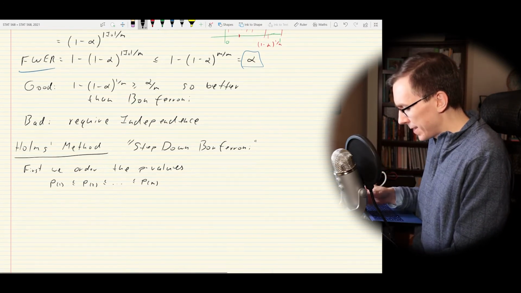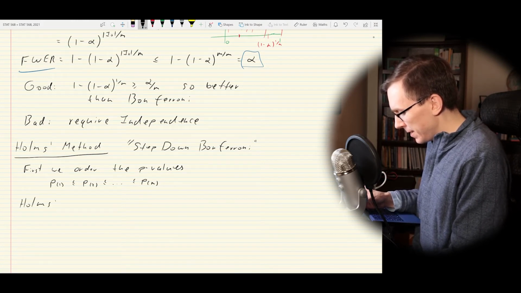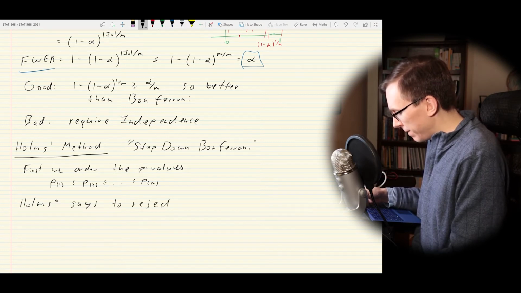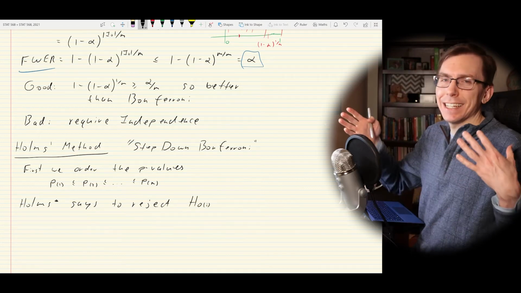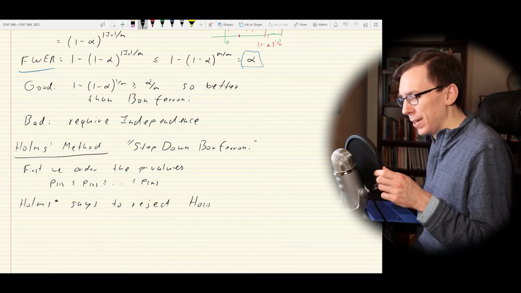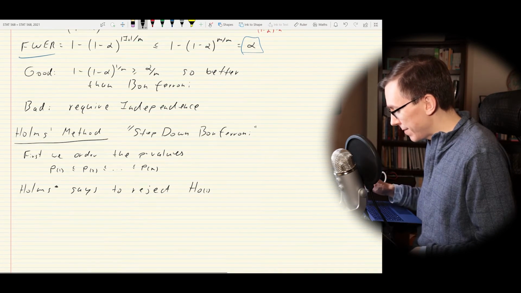And then Holmes's method says to reject H naught (i). I'm putting i in parentheses just to indicate that we've ordered the hypotheses so that they line up with the ordered p-values.